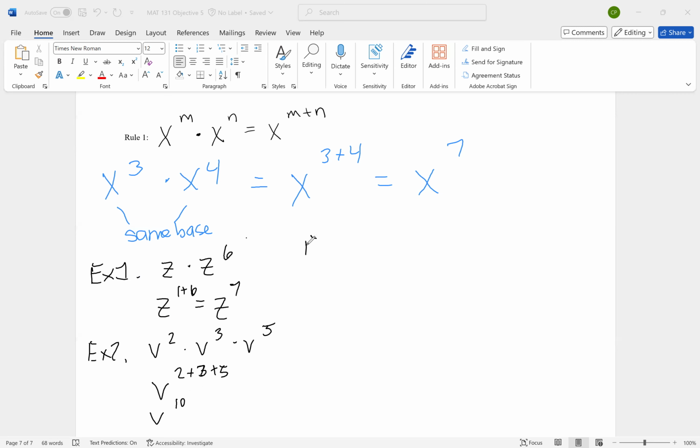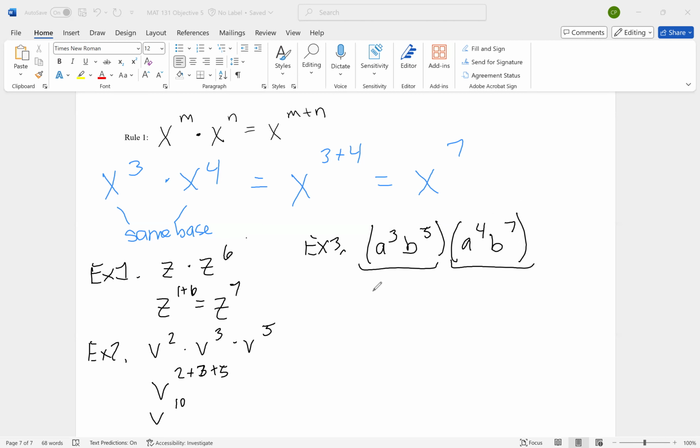We can also have a situation where it's written like this. Okay. This group is being multiplied by this group. So it's kind of like we have 4 things being multiplied together.